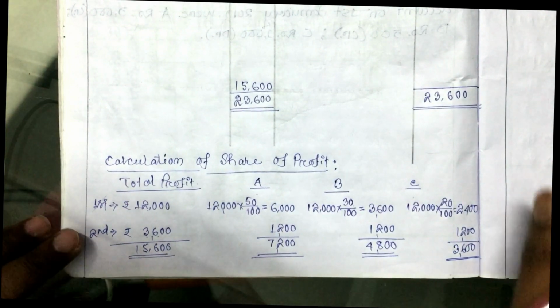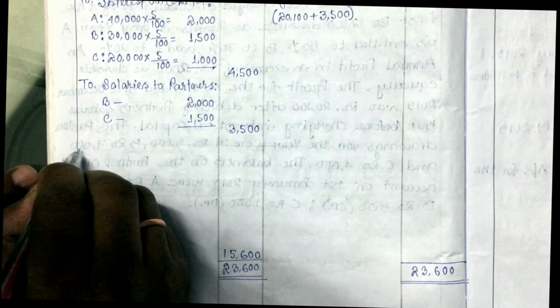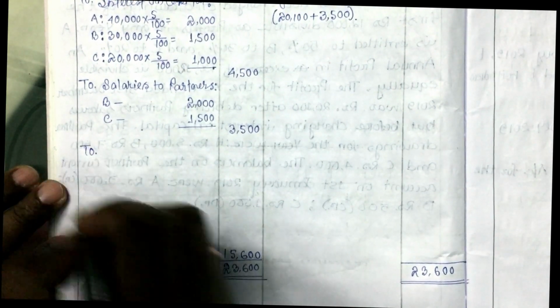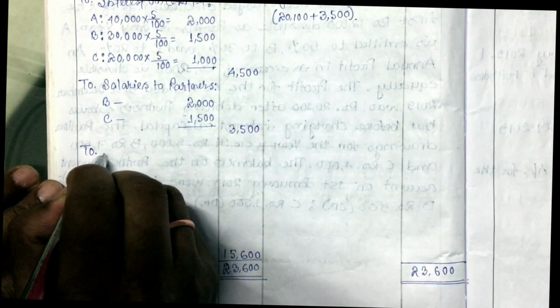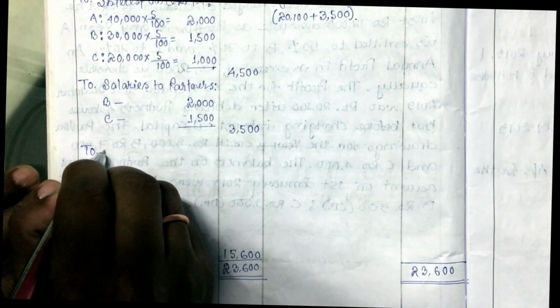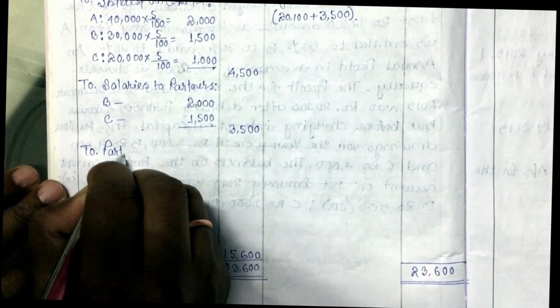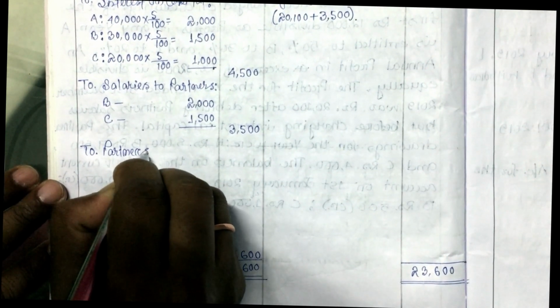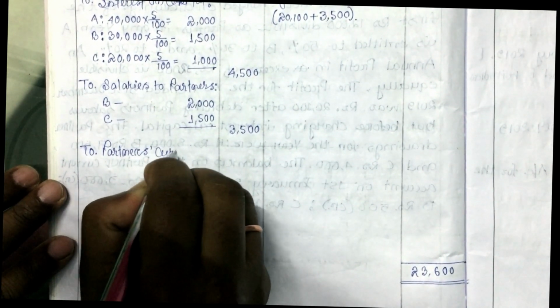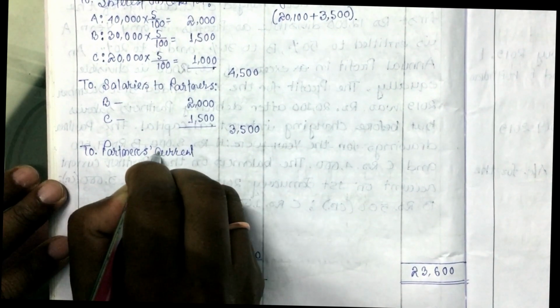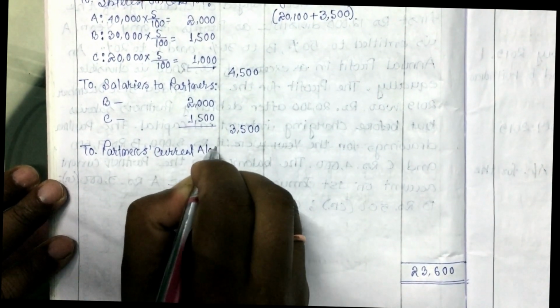Okay, now take it to the appropriation account. Here these things are to be transferred to their current account. Partners current account.